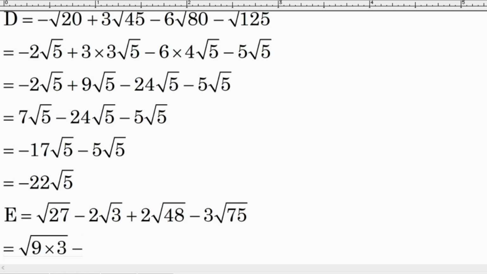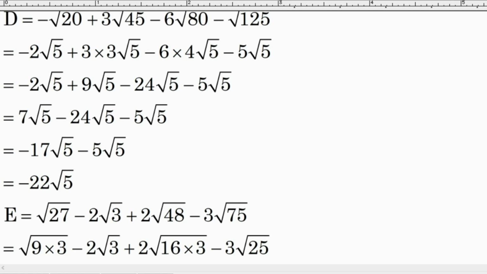Okay, and then minus 2 square root of 3, and then plus square root of 48, and 48 could be written as 16 times 3. Okay, and then minus 3 square root of 75, and 75 here could be written as 25 times 3.